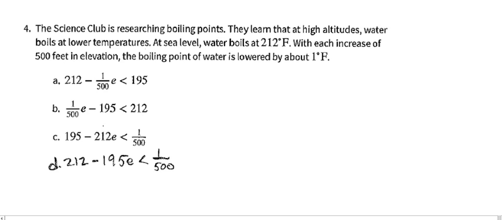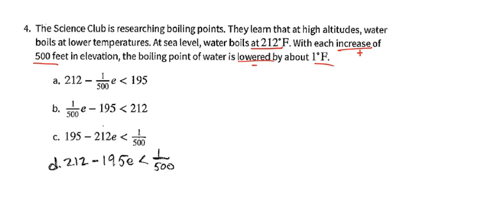Let's annotate. Skipping the first sentence, we're going to cross that out in a second. They learn that at higher altitudes, water boils at a lower temperature. So at sea level, it boils at 212. With each increase, that means going up, of 500 feet, the boiling point is lowered. That would mean going down, or minus, about 1 degree Fahrenheit.